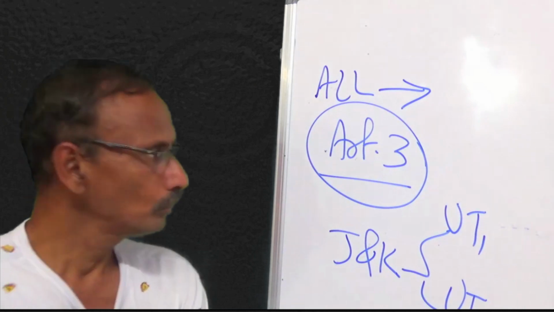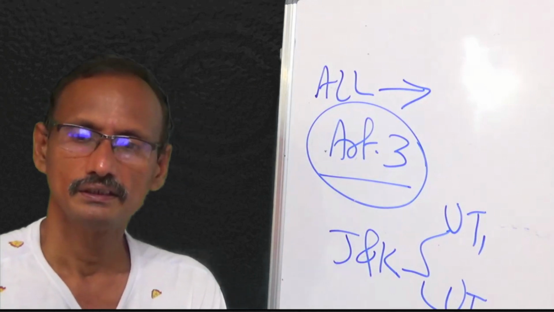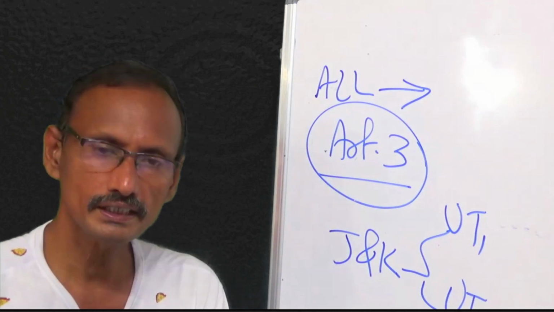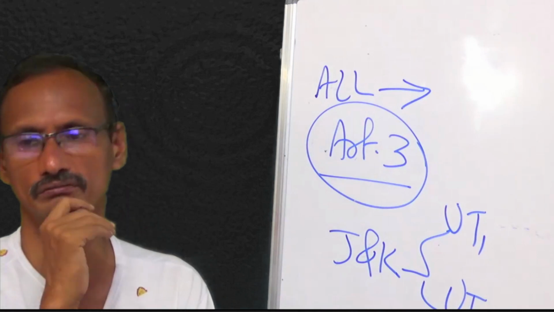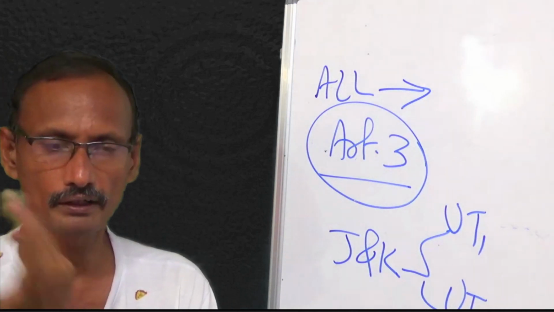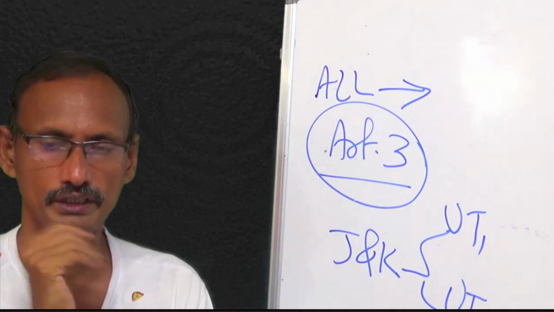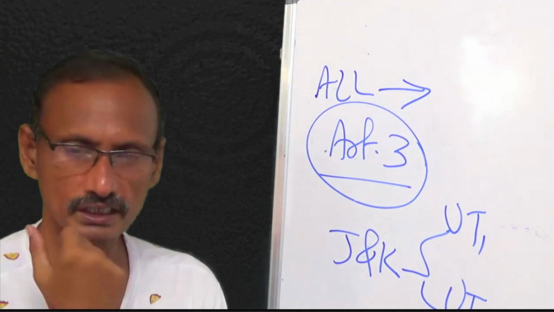But there is one more issue here. Article 3 says that the state legislature should pass a resolution agreeing or not agreeing. The state legislature should debate. But again, there was no state legislature.